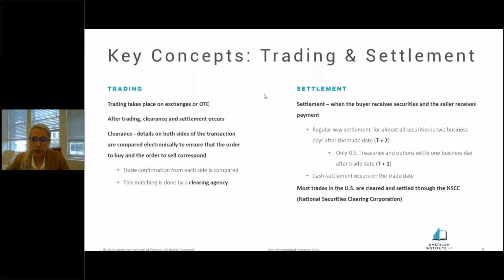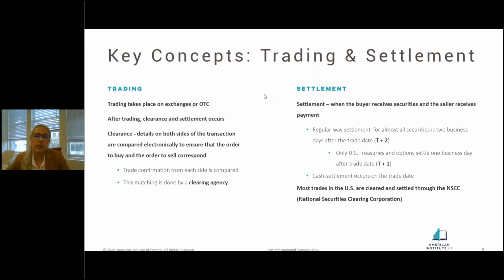And then obviously the trade confirmation from each side is compared, and this process is done by the clearing agency. Then moving on to the settlement, the definition of settlement is when the buyer of the stock receives the actual security and the seller receives the payment. So that's a settlement.